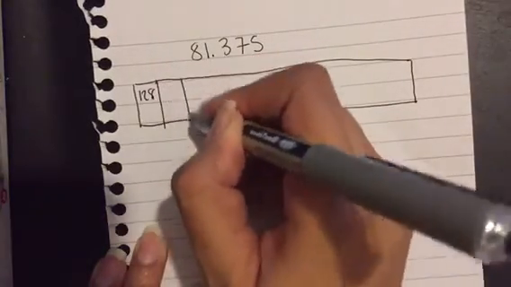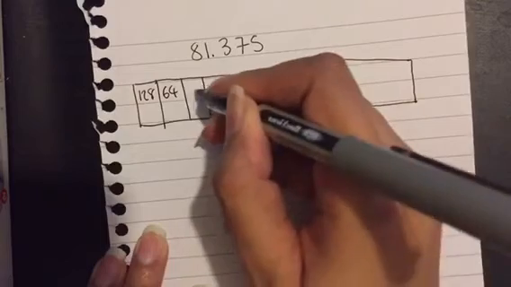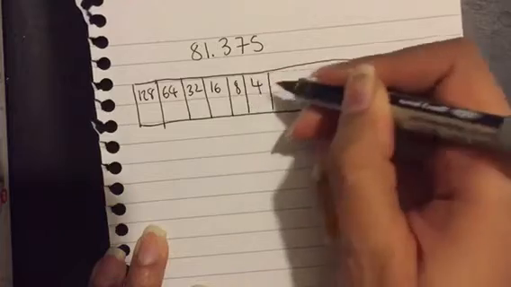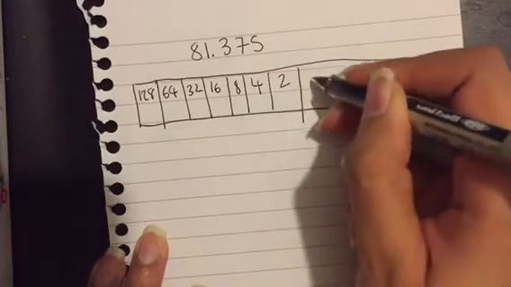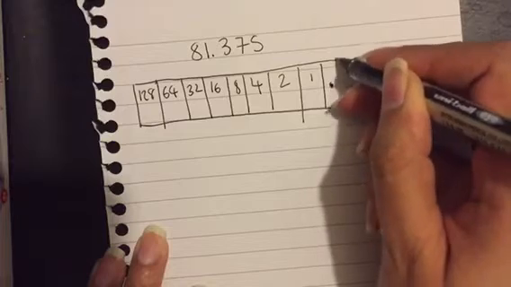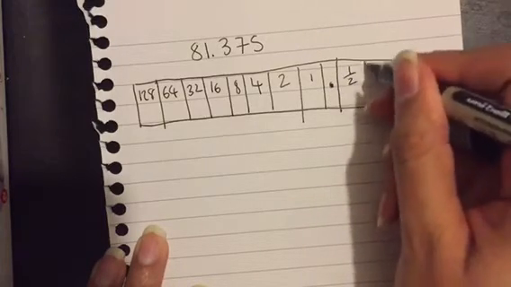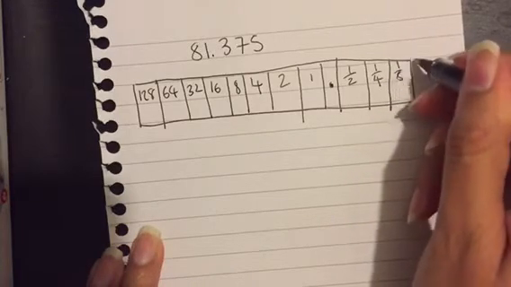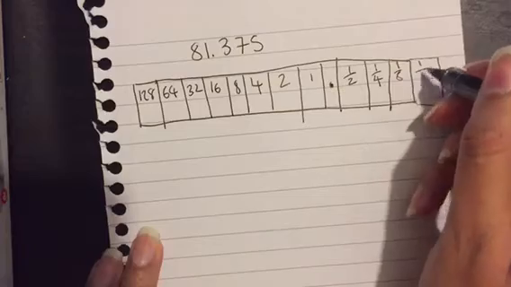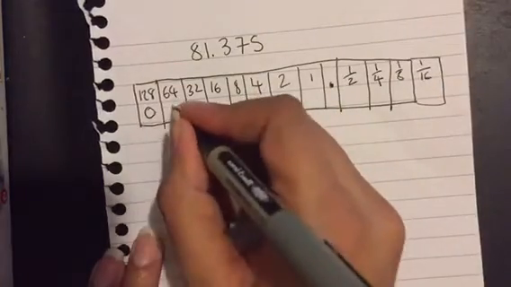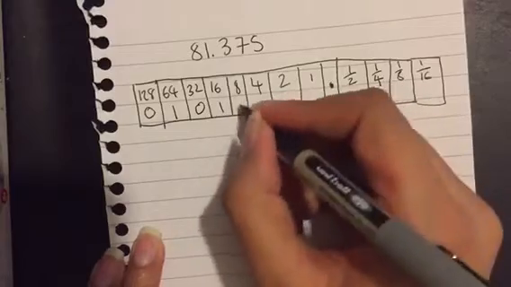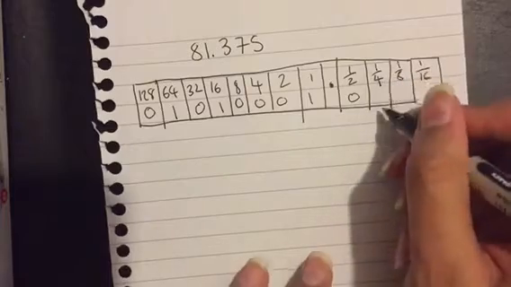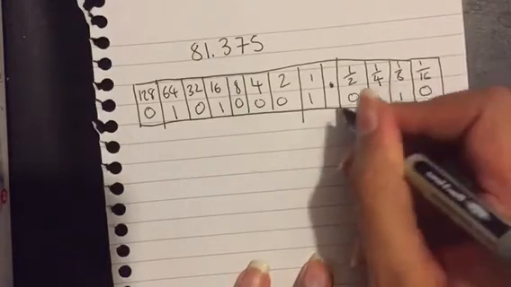Got 128, got a 64, got 32, 16, 8, 4, 2, 1, got a half, got a quarter, got an eighth. So we've got 64, we've got 16, got 1, that makes 81, and then a quarter plus an eighth makes 0.375.